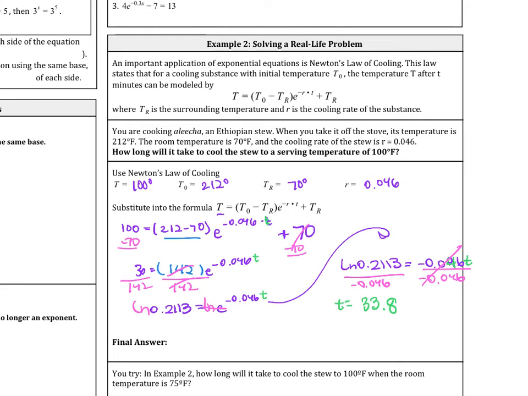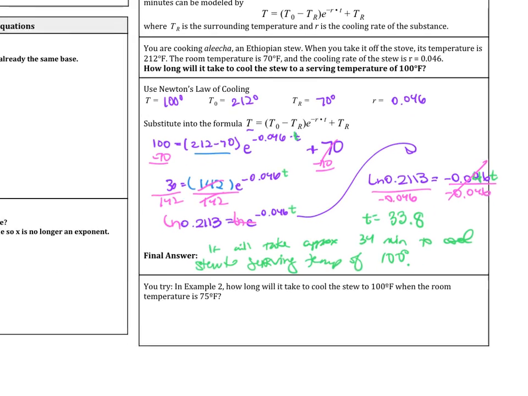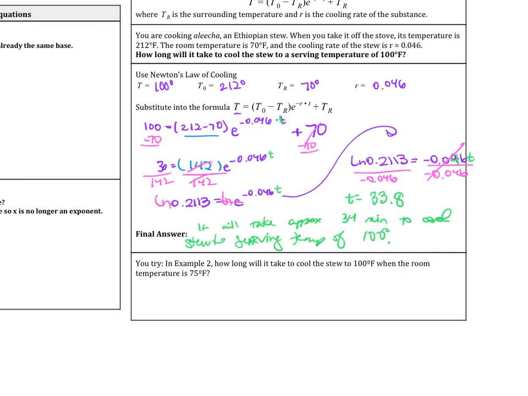So what this means is it will take approximately 34 minutes to cool the stew to the serving temperature of 100 degrees. So good to know, right? If you're cooking it and 212 is when it's boiling, you know it'll take about 34 minutes to cool.